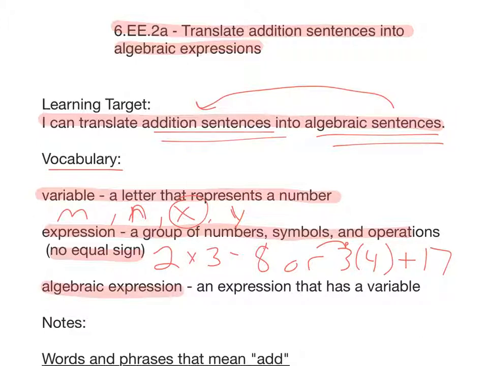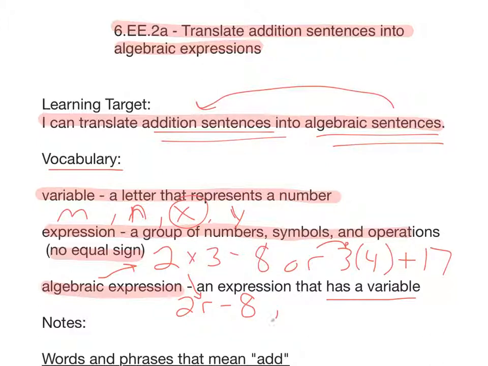Okay, the next thing you need to know, algebraic expression. An algebraic expression is one of the above expressions, a group of numbers and symbols, but it also has a variable. So instead of 2 times 3 minus 8, it might be 2r minus 8. Now, pay attention. 2r means 2 times r. A number next to a variable means you're multiplying. Okay.